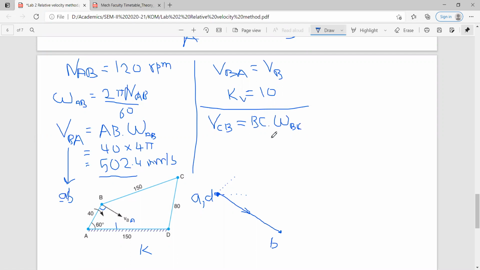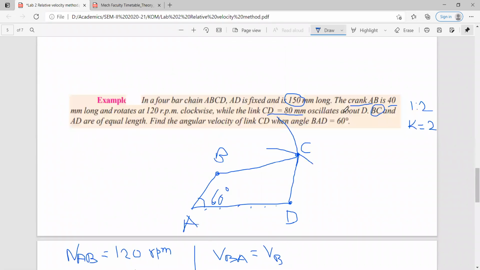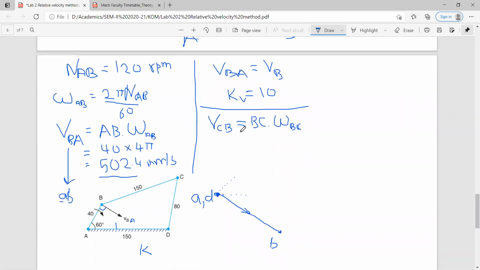Formula we are knowing, but can we find its magnitude? For example, we know the length BC 150 mm, हमें वो पता है, लेकिन एंगुलर वेलोसिटी पता है क्या? एंगुलर वेलोसिटी ऑफ लिंक BC गिवन है? नहीं, एंगुलर वेलोसिटी ऑफ लिंक BC इज नॉट गिवन, और हमें एंगुलर वेलोसिटी ऑफ लिंक CD फाइंड आउट करना है. सो if angular velocity is not known, we cannot find the magnitude, right?